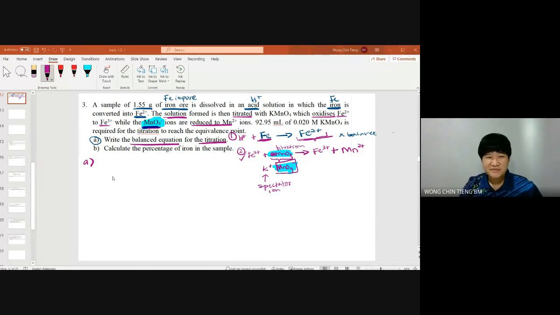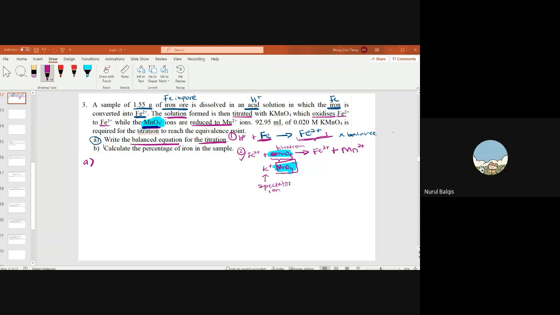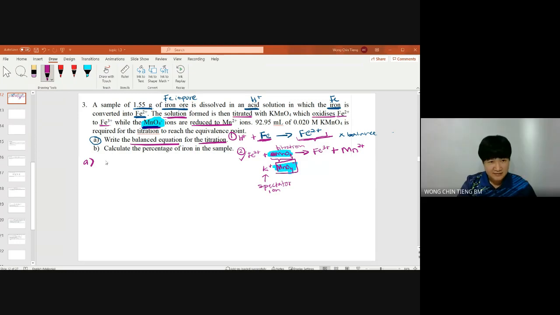Sayang. Equation. First half. Saya tak nak jawapan akhir. Saya nak half equation. Jawapan akhir boleh baca jawapan saya je.